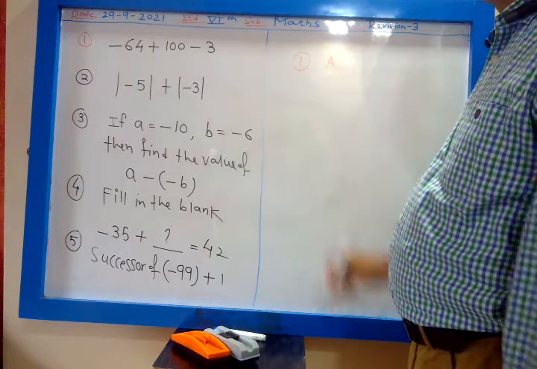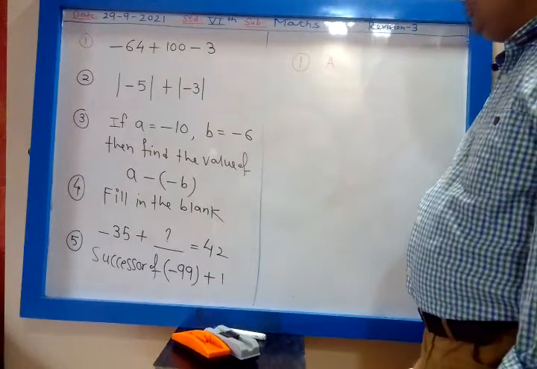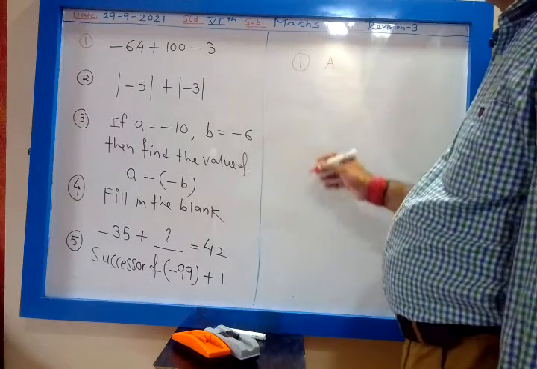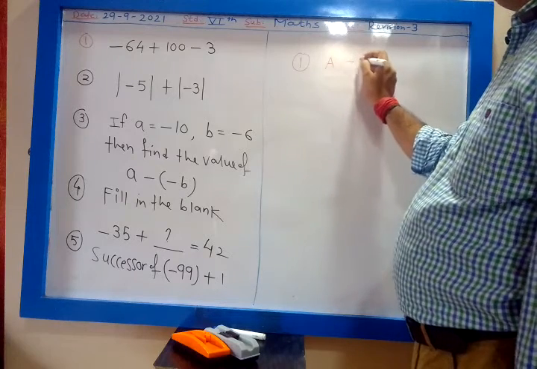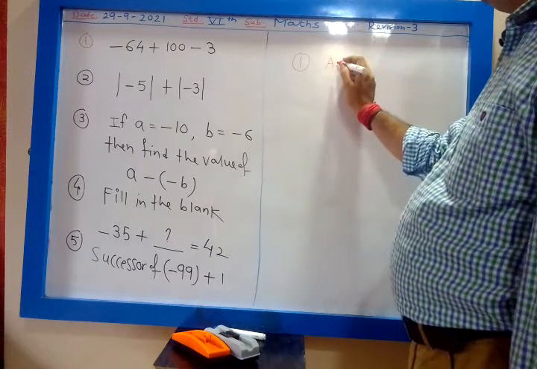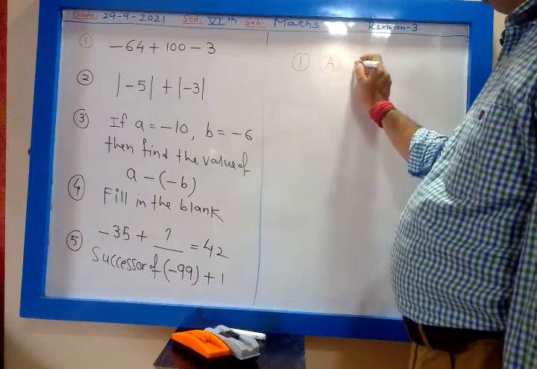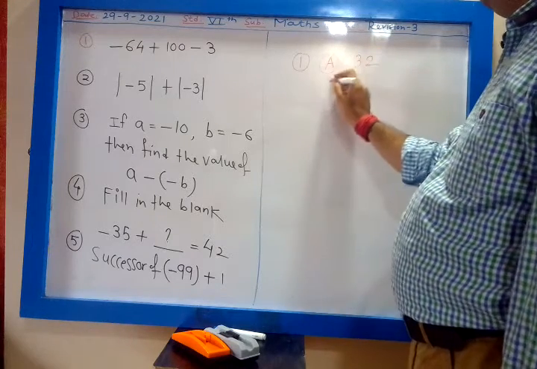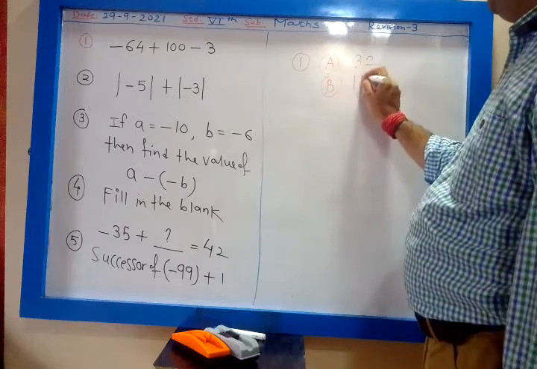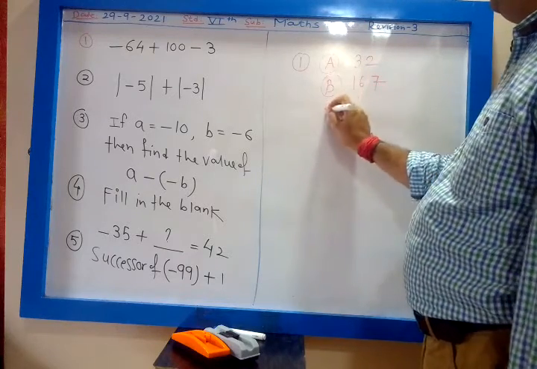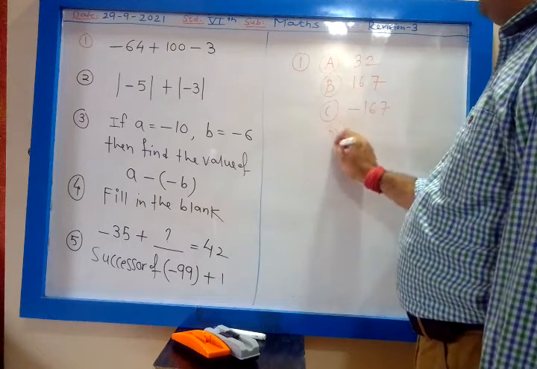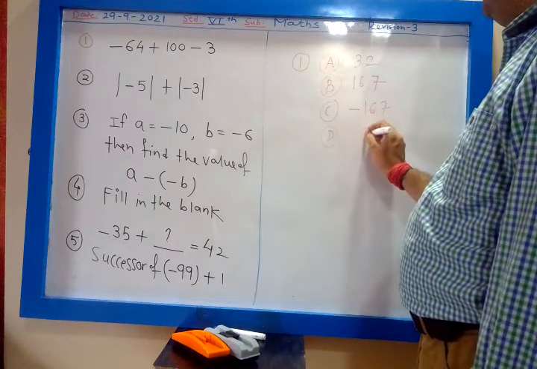Option A... no wait, B is 167, C is minus 167, and option D is 33.